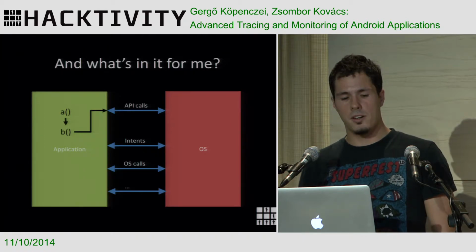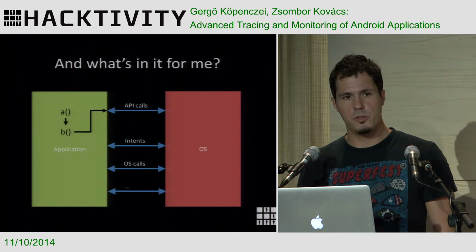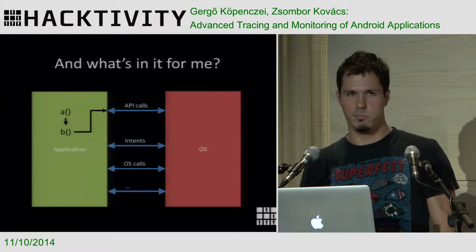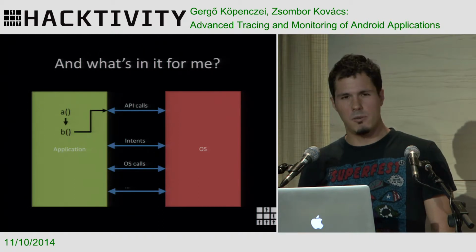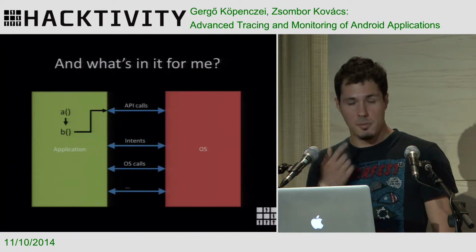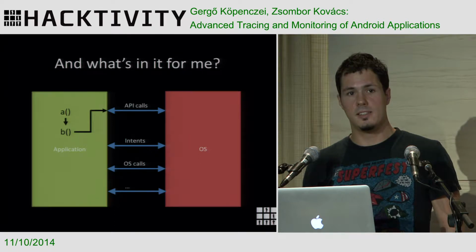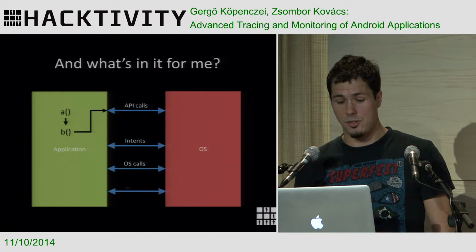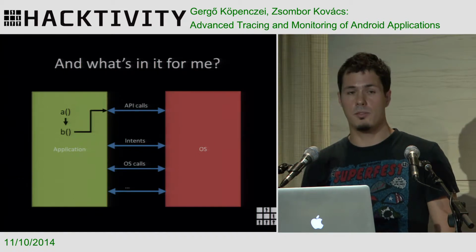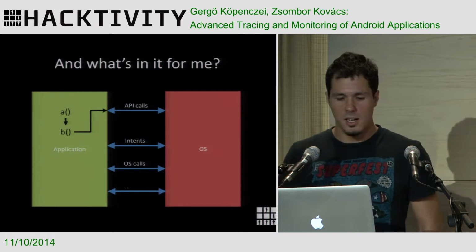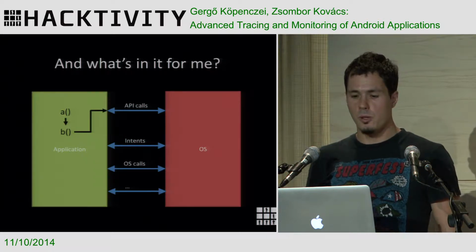Some MDM solutions, encryption applications, and some voice over IP applications apply self-checks. If the signer entity of the application is not as expected, then the application exits. If we change the Dalvik code and resign the application, we will fail those checks also. That's a main difference between the two approaches.